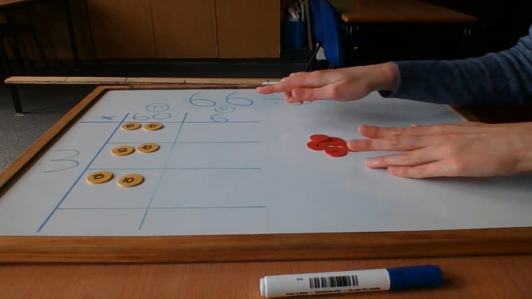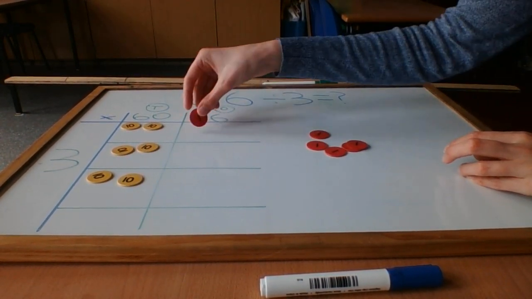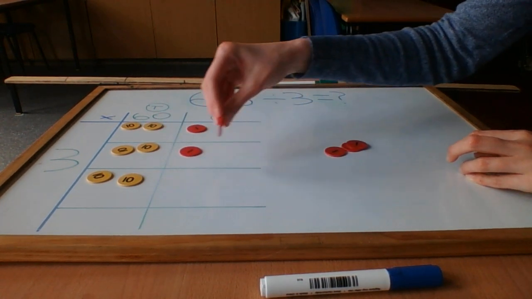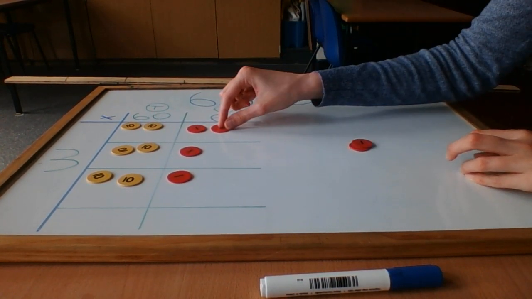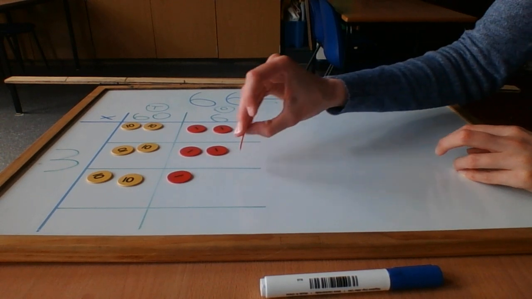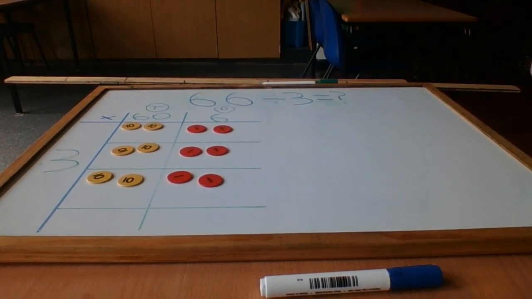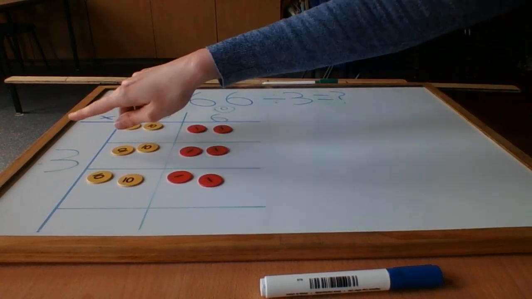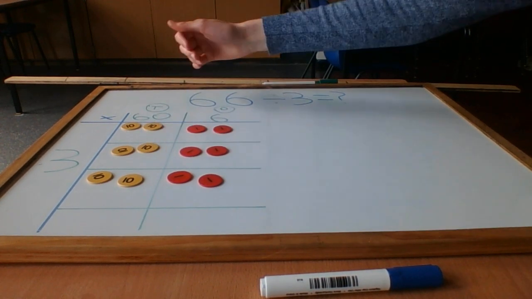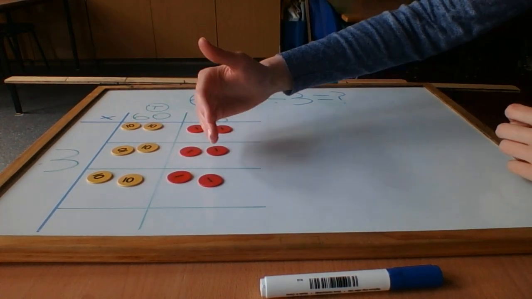And then I'm going to split my 6 ones between my 3 groups. 1, 2, 3. 1, 2, 3. So I've divided my 66 between my 3 groups, partitioning it into tens and ones.